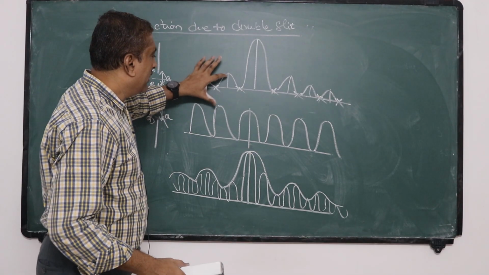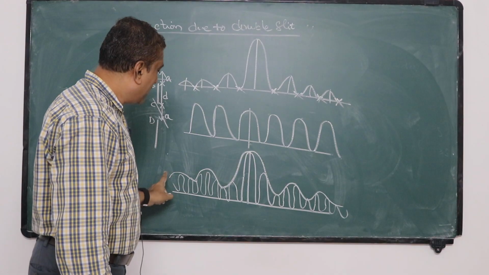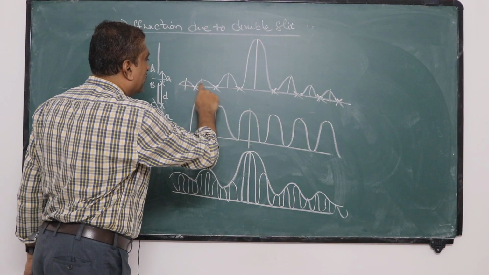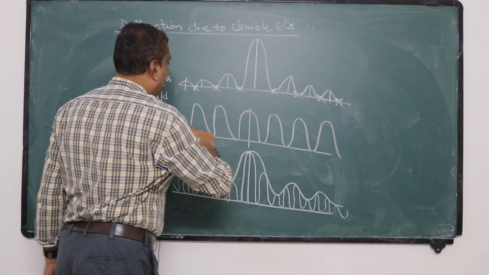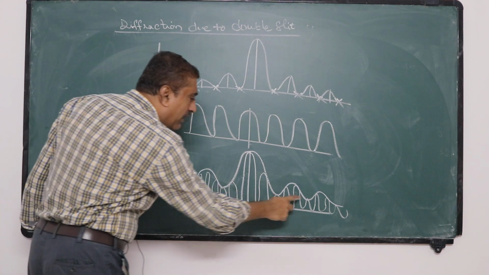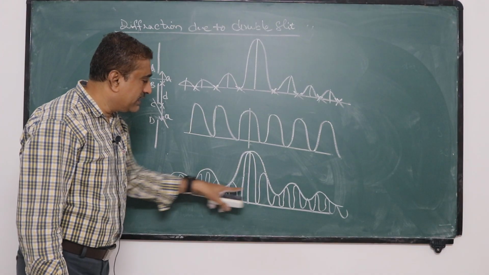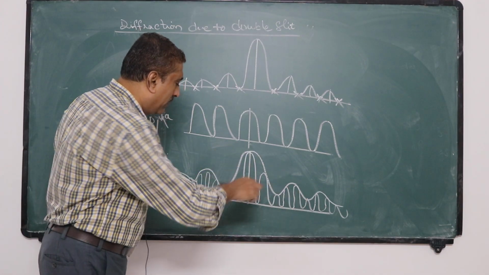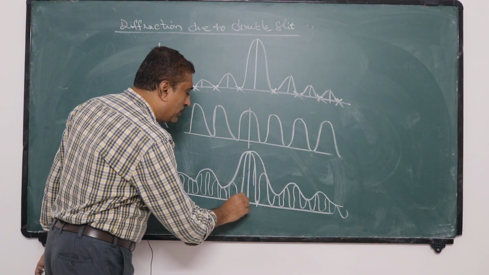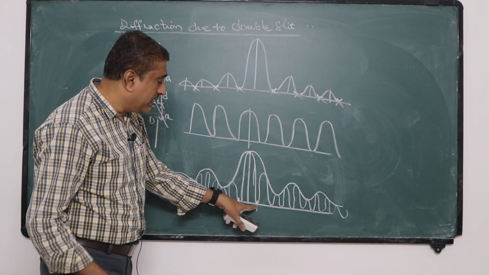That means this whole curve is superimposed on this curve. So here the minimums are not of zero intensity. Even in this principal maximum, we get minimums due to interference, here and here.